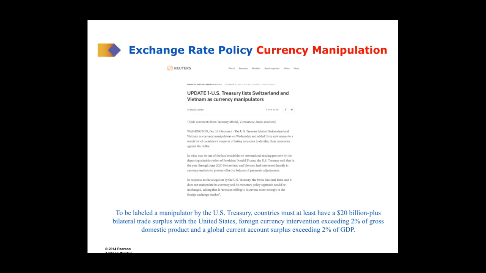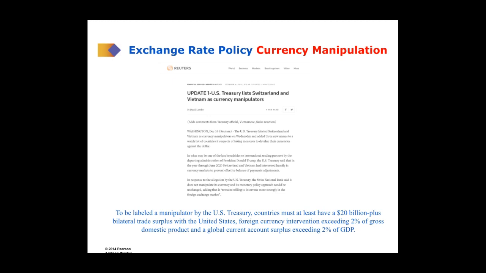It's trying to encourage countries to let the market determine the exchange rates, the prices at which the currencies are exchanged.